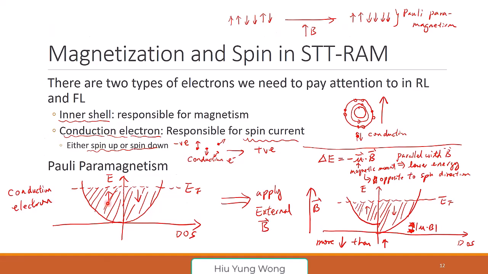So at the beginning, they all point in two directions, so they all cancel out the spin current, right? If I apply an external field, some of them will prefer pointing down. And this magnetic field can come from the inner shell, okay? Sorry for confusing you. Is this clear or no?